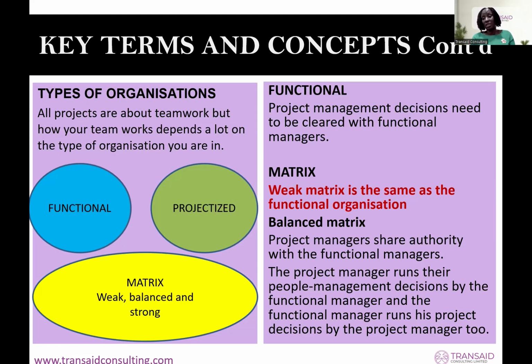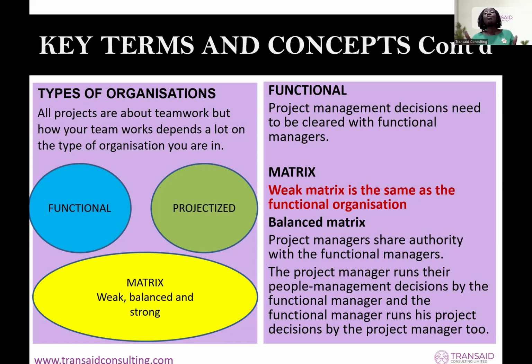In matrix organization, we have weak matrix, balanced matrix, and strong matrix. The weak is just like functional organization. But in the balanced matrix, you and the functional manager share authority equally. So you need to run your project management decisions with the functional manager, and he will run the people management decisions with you.